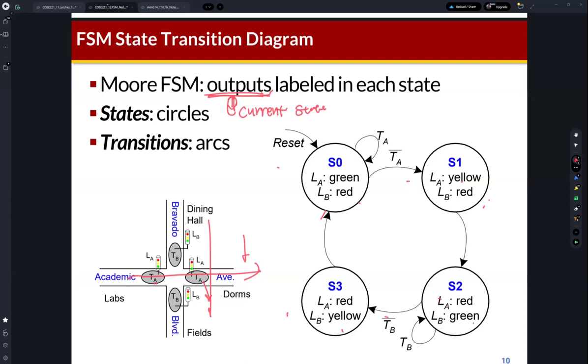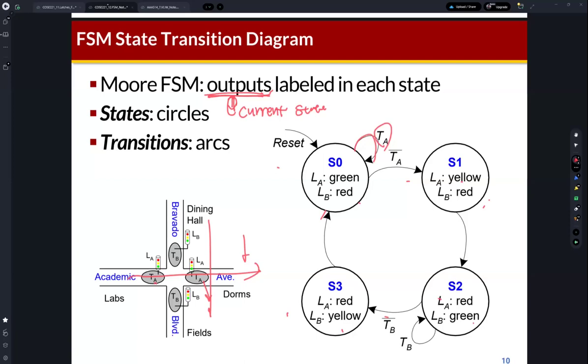So if you see this state transition diagram, then you can find the arc, like an arrow, and then you can find the input values here, right? So when we define a state transition, we use the arc and input values.